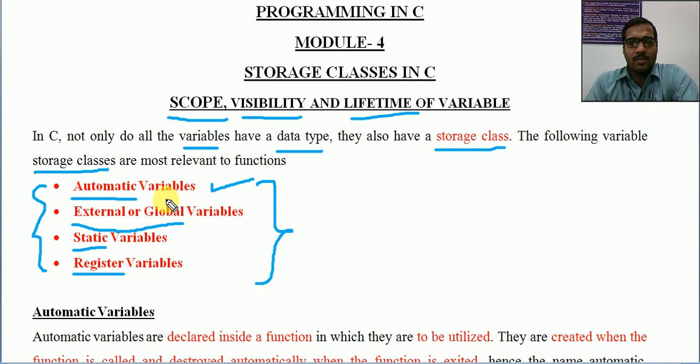If it follows the declaration pattern of automatic variables, it will follow the features of that storage class. If you declare external or global variables, the features of that storage class will be followed. Similarly for static as well as register variables.